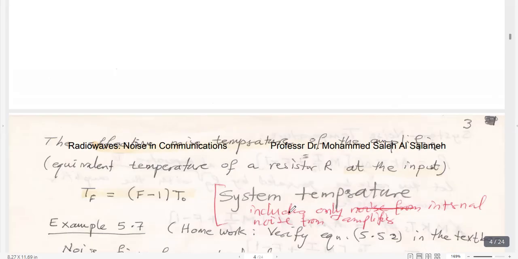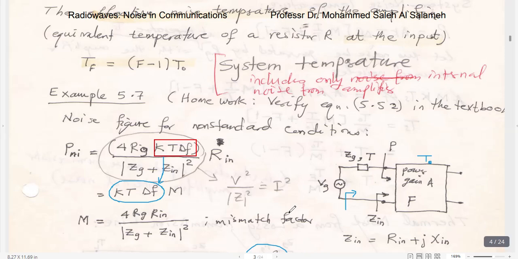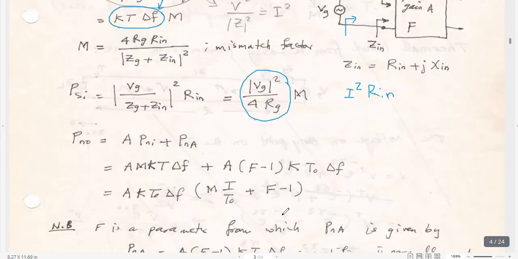We have taken this from here because, as you know, the noise temperature of the amplifier is F minus 1 times T naught. So we multiply by KT delta F at the input, and we multiply by the gain to obtain the power from the amplifier at the output.